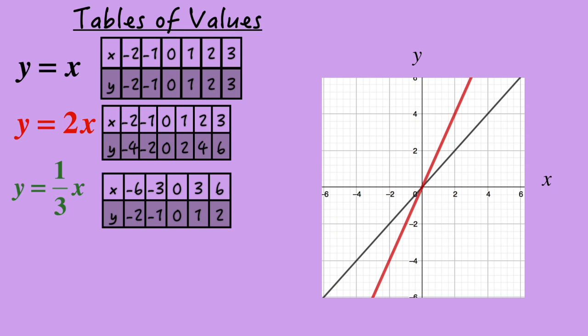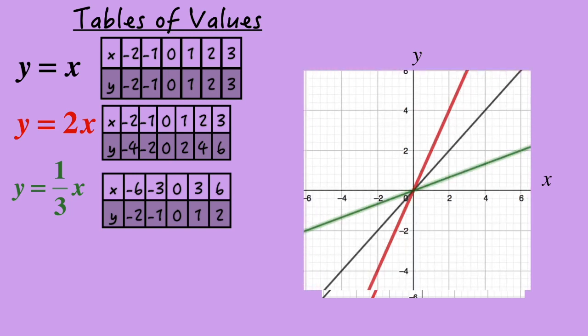Everything is compared to our original graph y = 1x, because 1x will be exactly in the middle. So any number bigger than 1, the line will be steeper than the black line y = x, and any number less than 1 will be flatter than your black line.